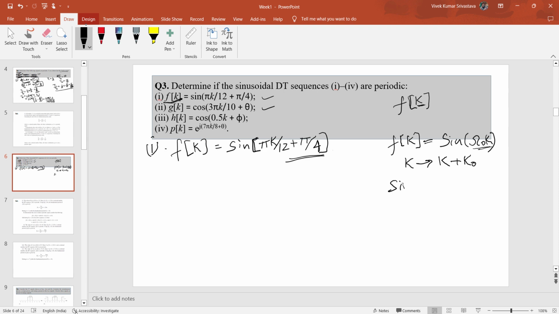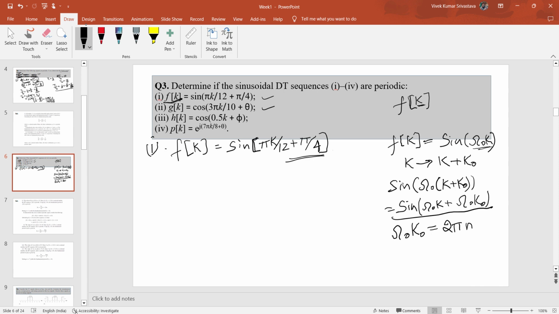This represents sine of rho naught in bracket k plus k naught, which equals sine of rho naught k plus rho naught k naught. This signal will be periodic only if rho naught k naught equals an integer multiple of 2 pi. If this satisfies this condition, then we can say that this signal is a periodic signal.